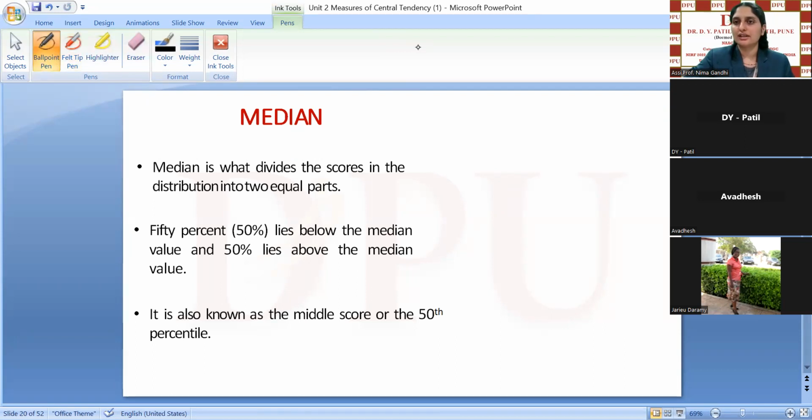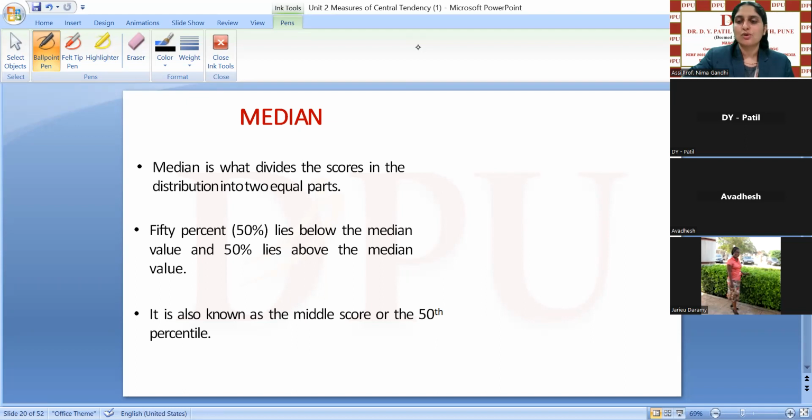So whenever we are interested in knowing a point which is dividing a data in two equal halves, we are calculating the median. Median is a middlemost observation which divides your whole data in two equal parts.